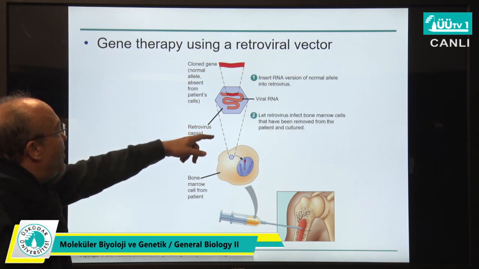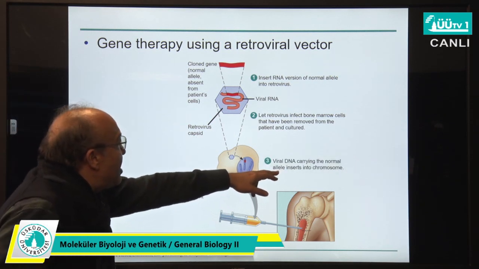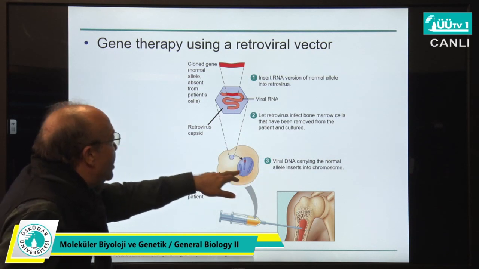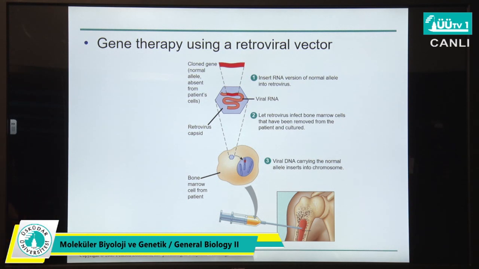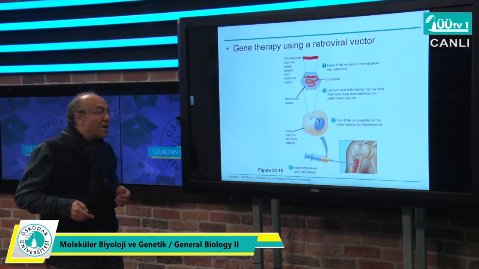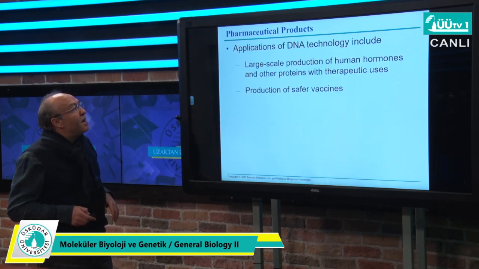The viral DNA carrying the normal allele inserts into the chromosomes. Then we grow these cells in a cell culturing system and inject them into the bone marrow. Then the sick people are getting healthy and getting rid of these kinds of problems. This is one of the techniques in gene therapy.